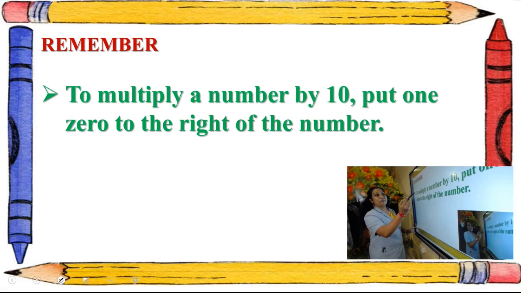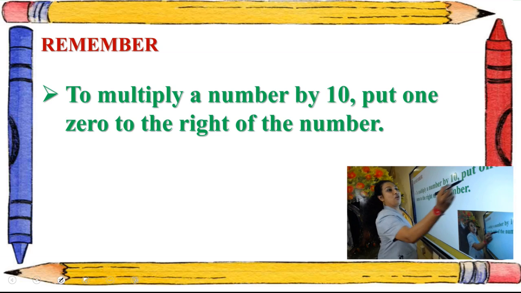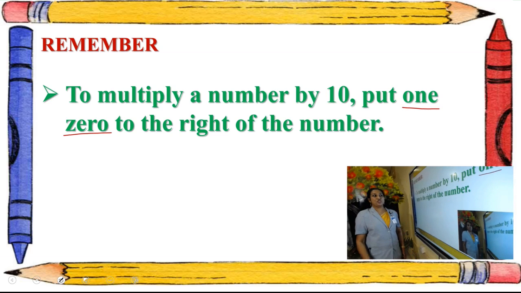To multiply a number by 10, what will you do? Put 1 zero to the right of the number. Next one.